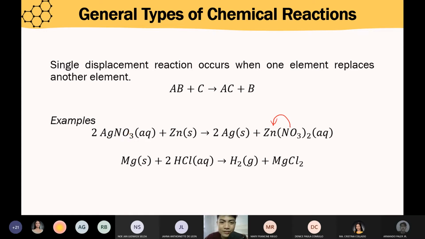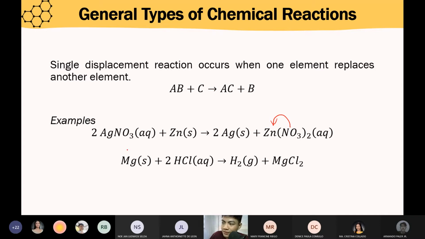Bakit kaya naging ganun, sir? Di-discuss natin yan sa redox reactions. Pero the idea is, originally, its partner is silver, but after the reaction, it is now zinc. Bakit naging ganun? Nasa redox yan. Next week yan. So all we have to do right now is to just check for patterns.